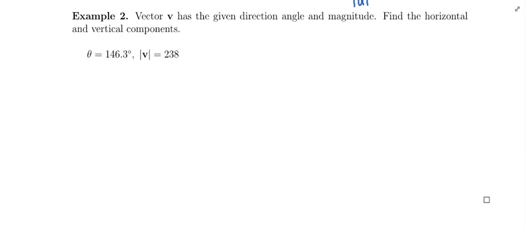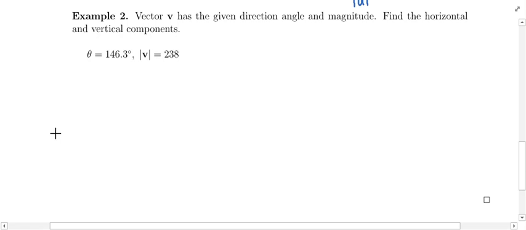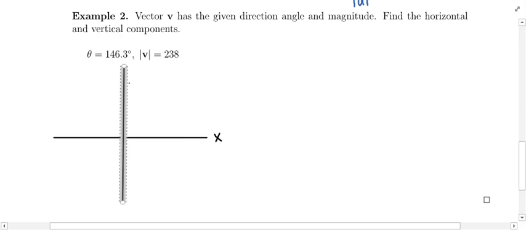So we need to draw the xy plane. Here's my x-axis, and then let me put in the y-axis. It looks like this, and I'm not going to put a scale on here.